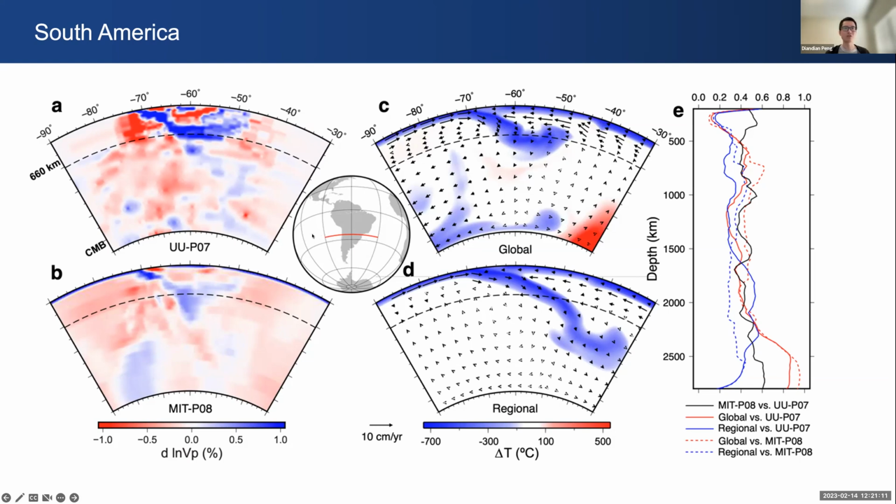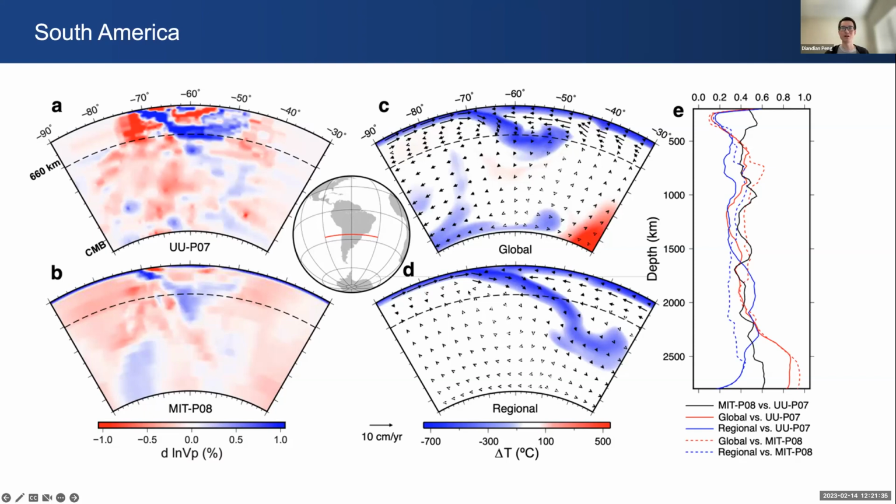This figure shows the position of the cross section here. These two tomographies suggest that there's a stagnant slab here, but different tomographies give very different results, so it's still in debate.